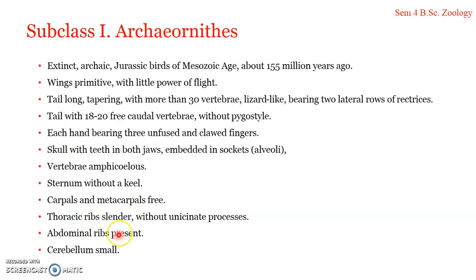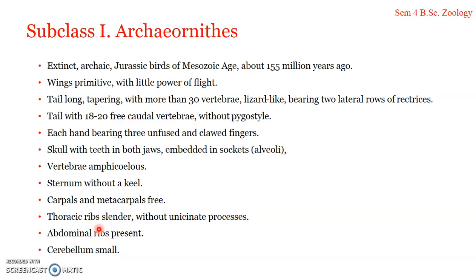Then thoracic ribs are slender without any uncinate processes. Abdominal ribs were present in addition to cervical and thoracic ribs. So thoracic ribs were present but devoid of uncinate processes, while cervical ribs and abdominal ribs were also present.